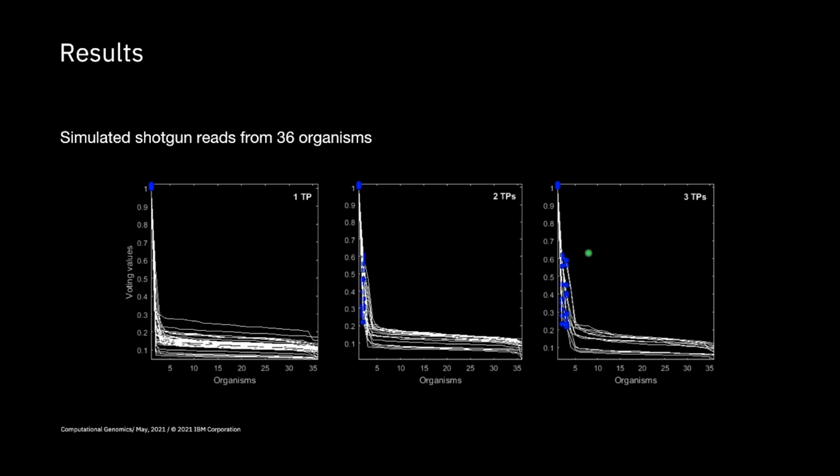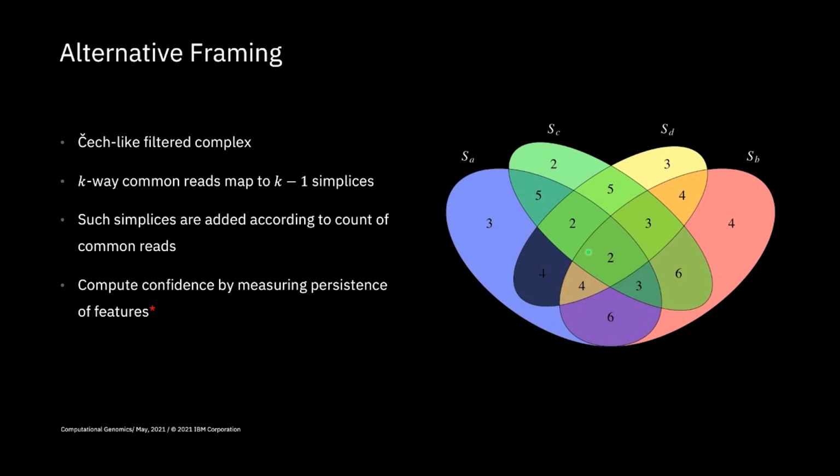But since these results are not the best we could do, we said, okay, let's think about it another way. So next, we considered taking common reads to simplices. In this case, k-way common reads means that you have reads that are shared by k organisms.